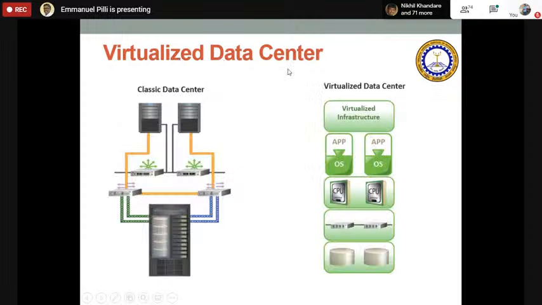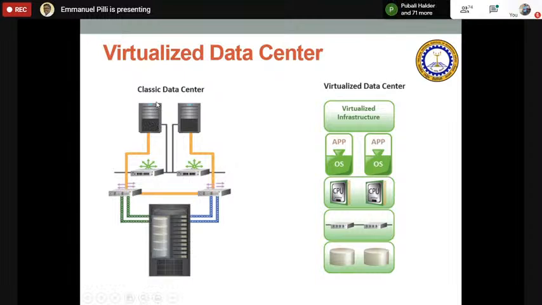Now, how do you virtualize it? You have the compute, that is the servers. The servers are converted, virtualized, and you get multiple cores here. There is one server which has processors, and one processor has multiple sockets, and each socket has many cores. So you have one big server, and that server has, let us say, 10 sockets, and each of them has 12 cores. So you have a total of 120 cores on one server.